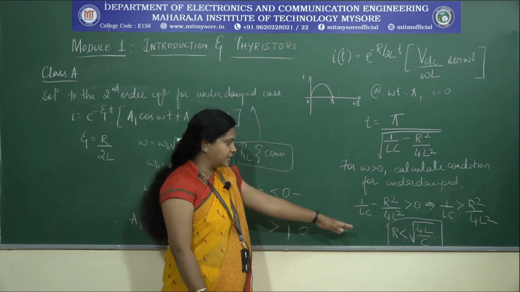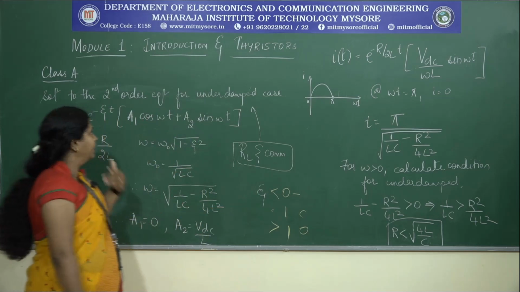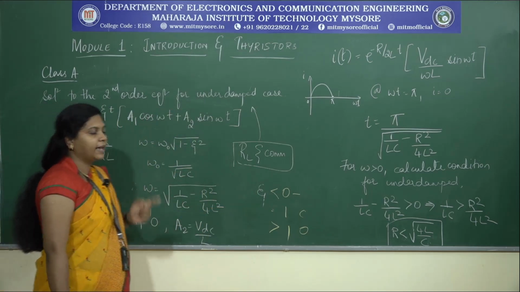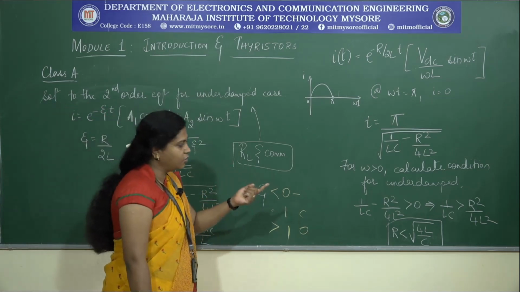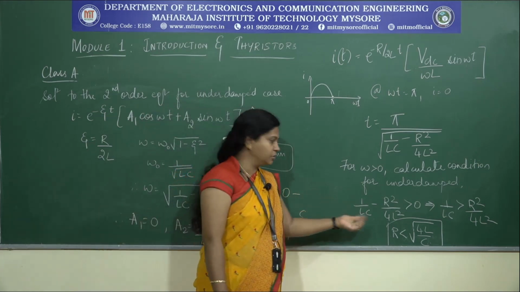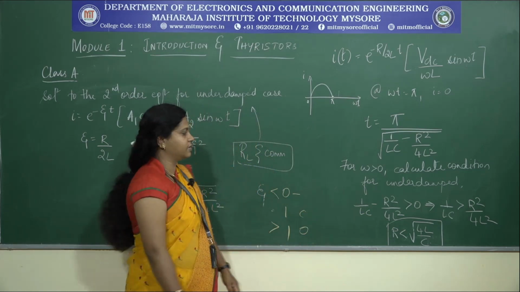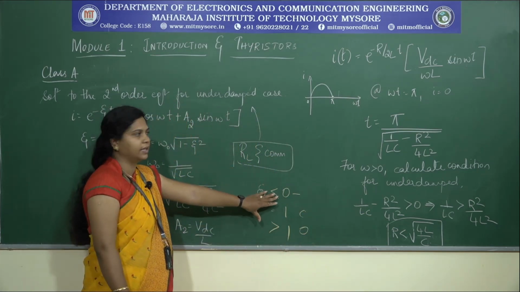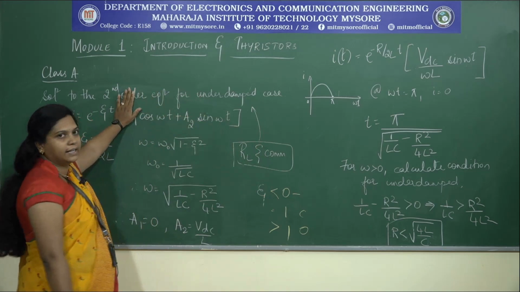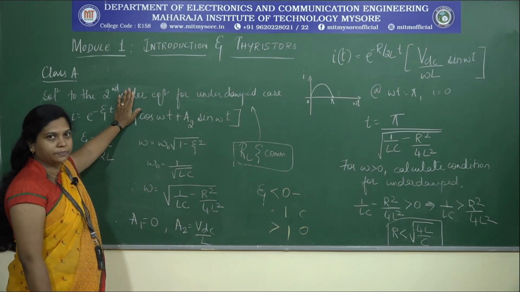While designing the class A circuit, care must be taken in choosing L and C, so that the load resistance satisfies this condition. Then we can attain the resonant commutation.